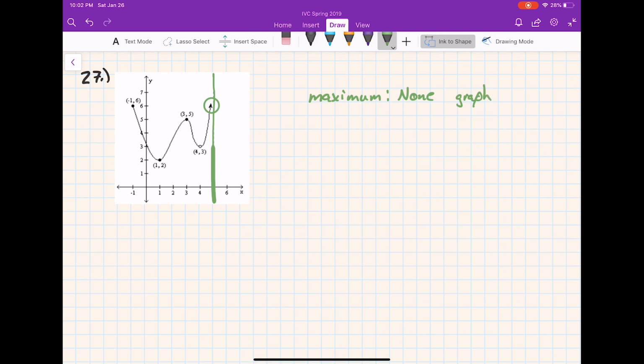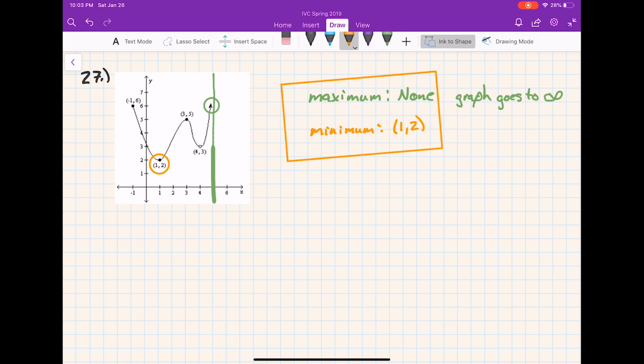Graph goes to infinity and beyond. All right. So our minimum is 1, 2, and notice it's filled in. This little dot in here is filled in. So our minimum is actually 1, 2. So there you go. There's my answer for number 27.